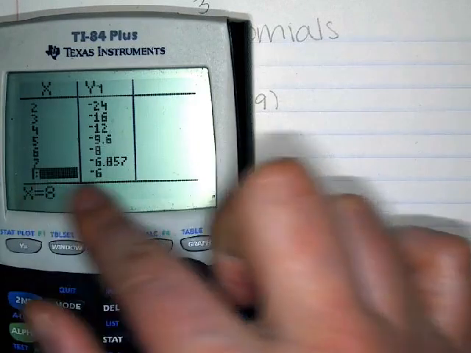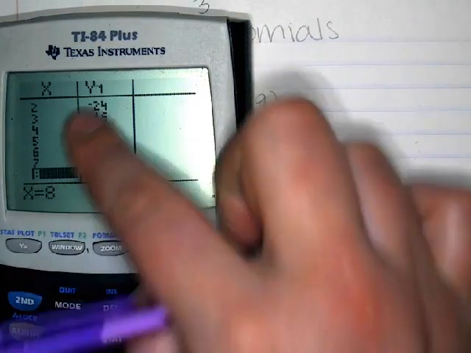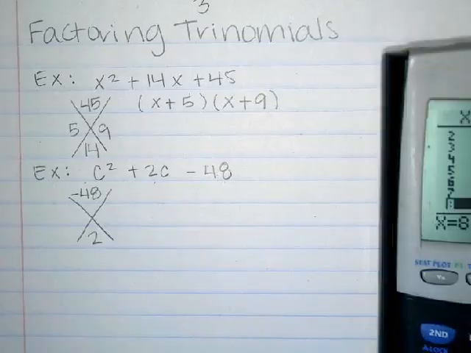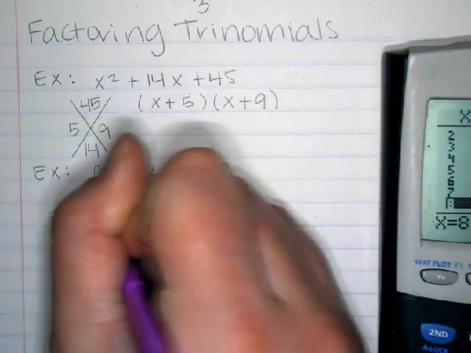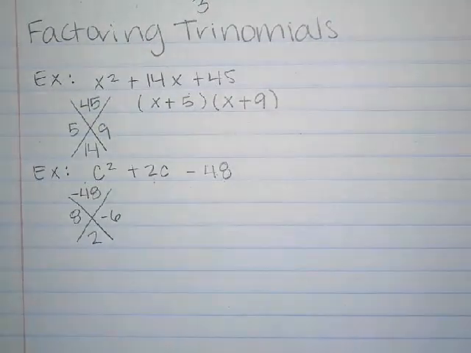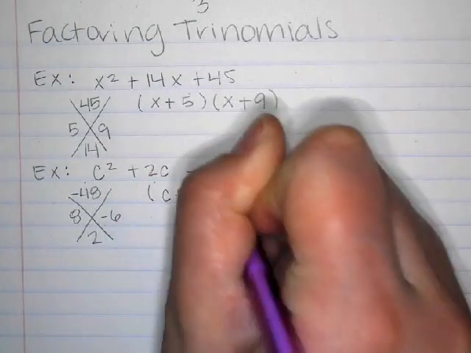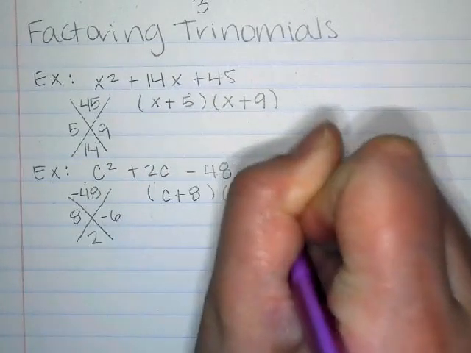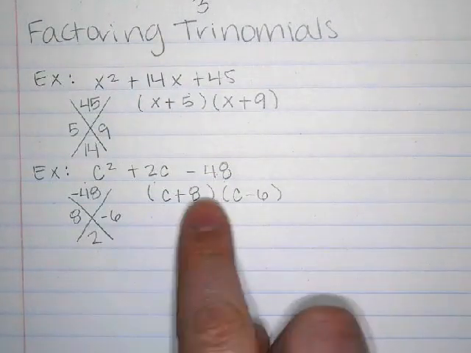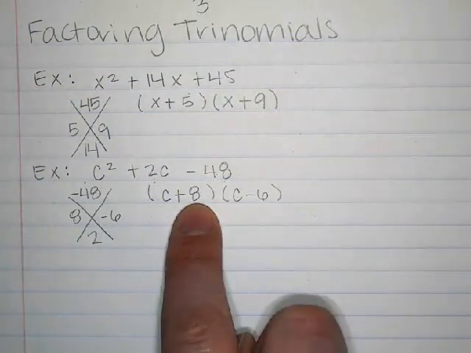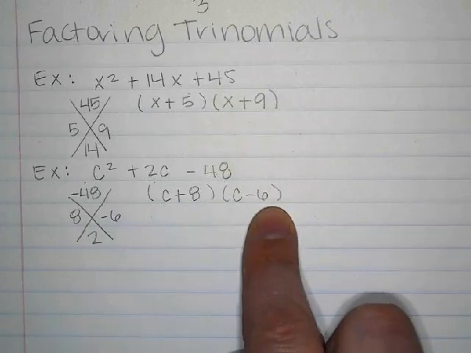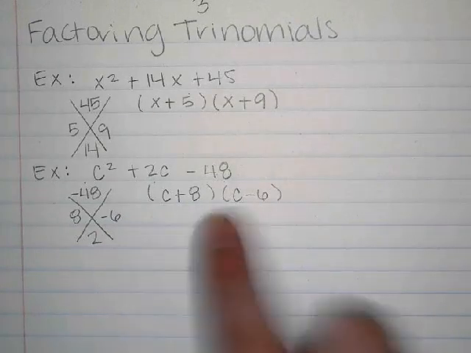Does that make sense, how I found it? I just work my way down the list. So I'm going to write c plus 8, c minus 6. Now you can switch these two numbers. You could do c minus 6, c plus 8, and your answers would be right.